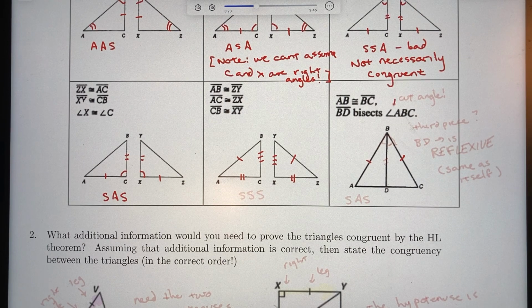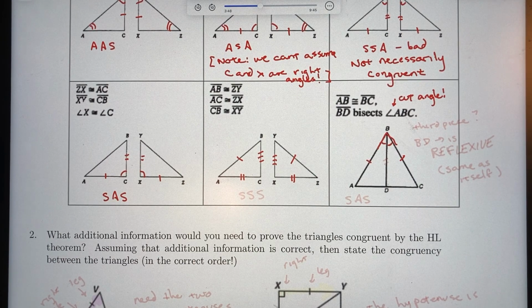BD bisects the angle. So sometimes it'll say it bisects a side, then you cut the side in half. This one's bisecting the angle, so the two halves of angle ABC get marked as the same as each other. Now, this is only two pieces of information.